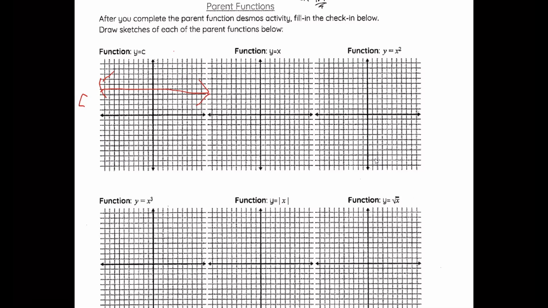Oh, I shrunk it so you can't see it. All right, I'm just going to write it. Okay, so our domain, since it goes left and right forever, would just be negative infinity to infinity for all of these functions, no matter what your c is.